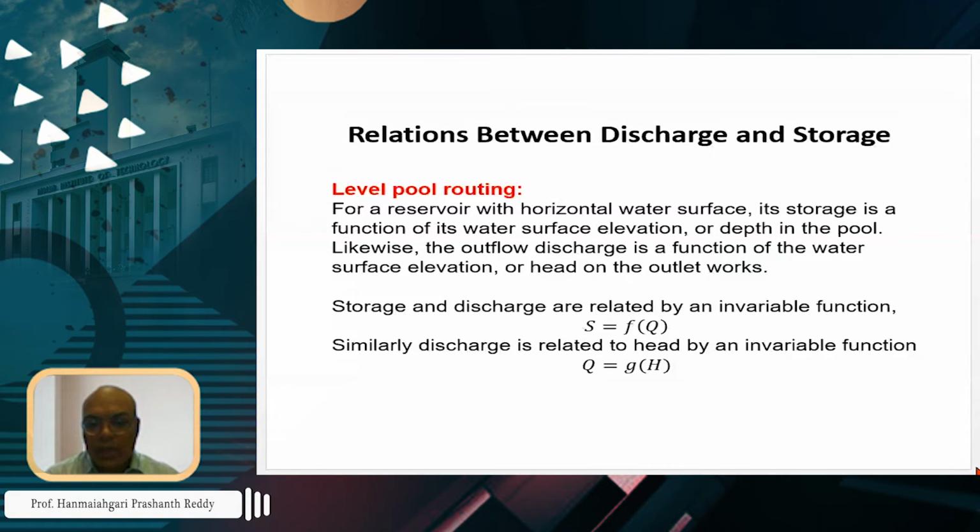So this is called level pool routing. So in clear terms, what is level pool routing? The reservoir water surface is horizontal and the outflow is a function of the storage, and the storage is also a function of available head or depth of water in the reservoir. Here the head is denoted by capital H, okay.